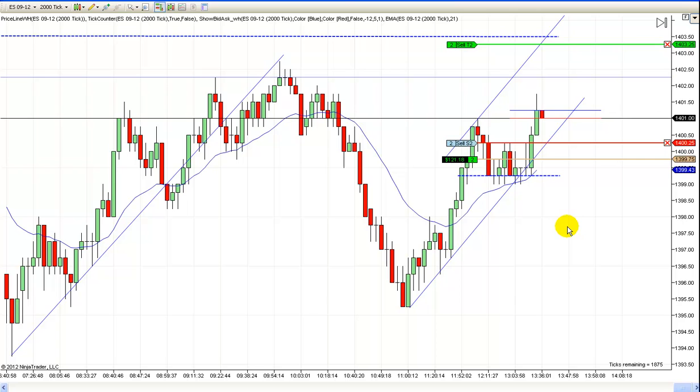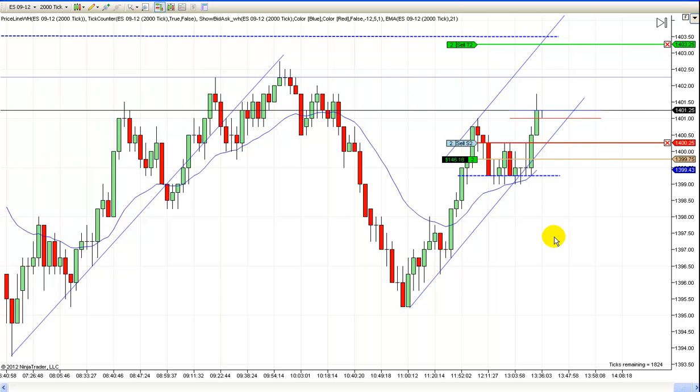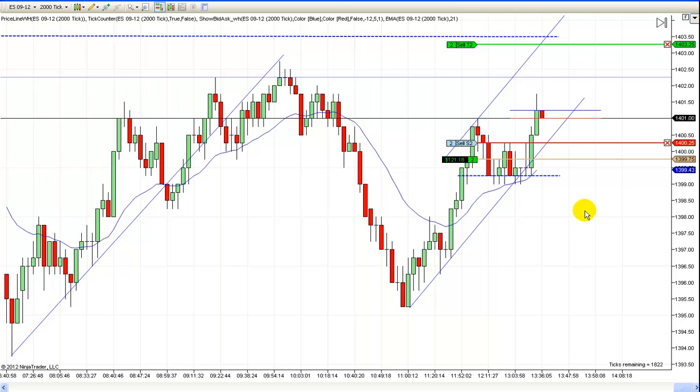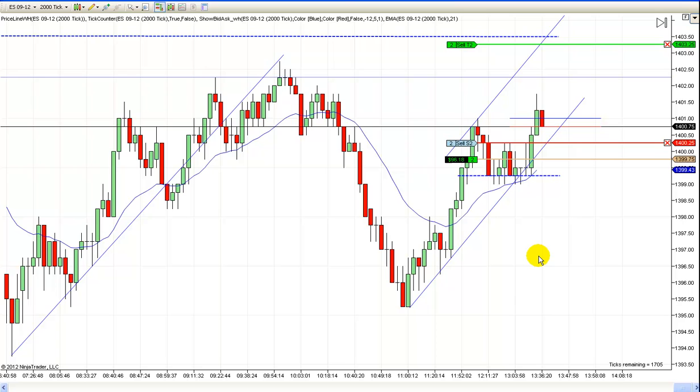Worst we can do now is make a couple of ticks off these last 2 contracts. Normally I may not tighten it that quick, but for demonstration purposes, I don't want this trade to go on forever. So we'll just hold tight for now.